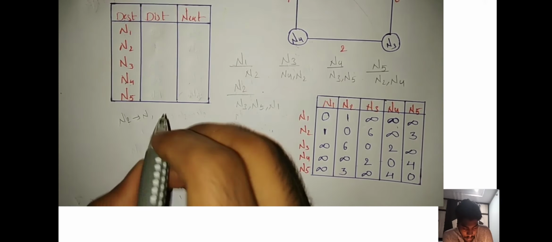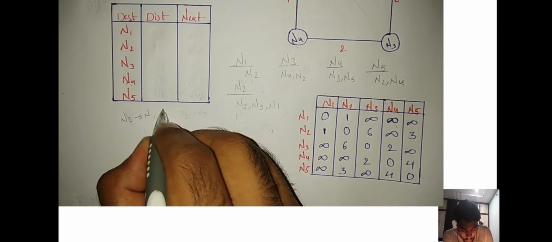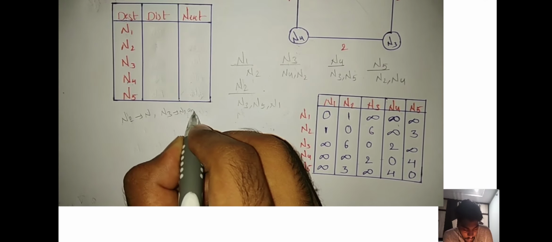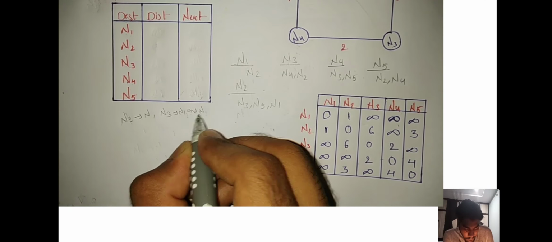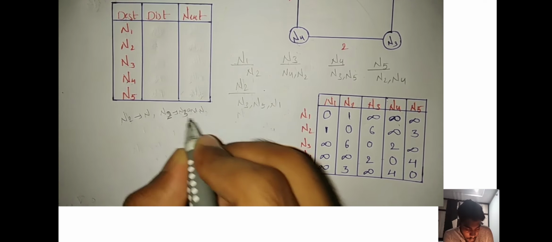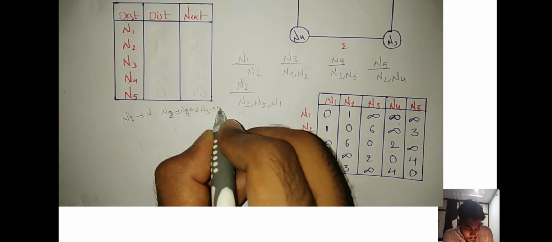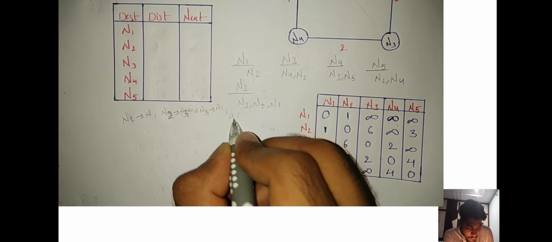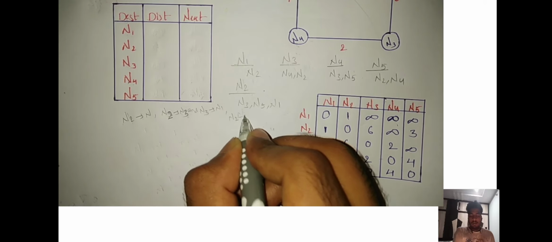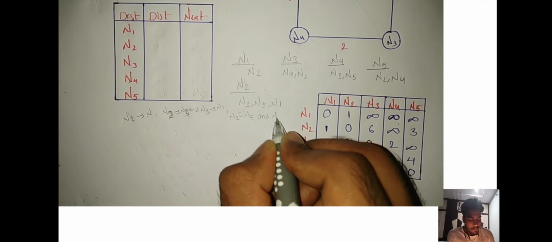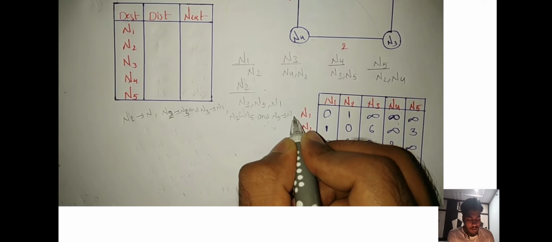The second path will be n2 to n3 and n3 to n1. The third path will be n2 to n5 and n5 to n1.